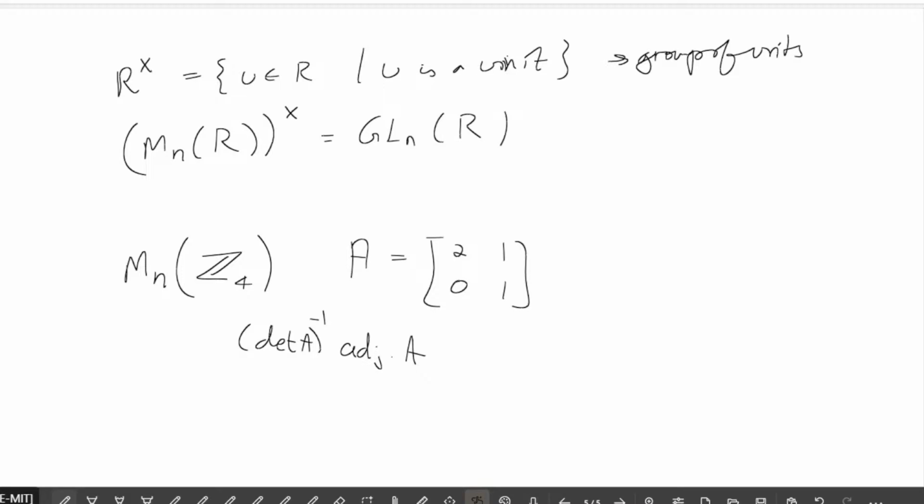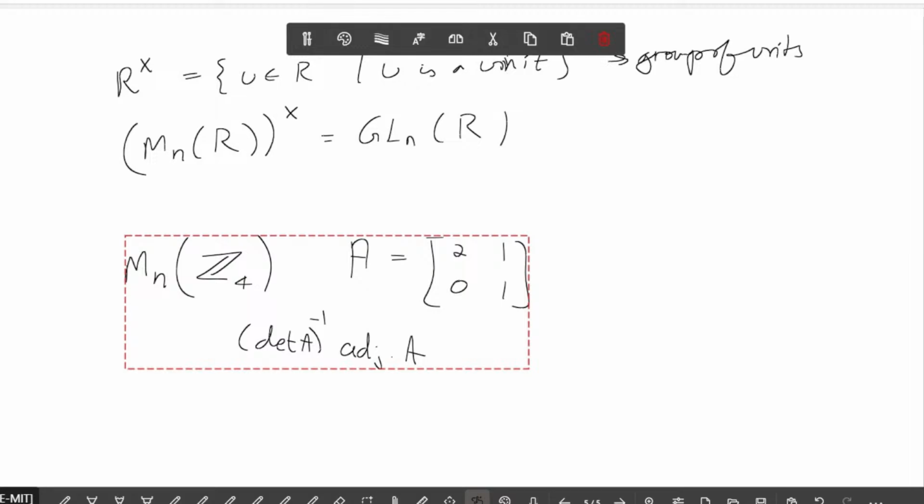So if you take the blackboard bold R, what are the units there? Anything that's not zero. In general, if you take GLn of F, you just have to take determinant non-zero, because any non-zero element of the field is a unit. But if you take some other ring, you have other possibilities. Like here, the determinant is 2, which is not a unit.